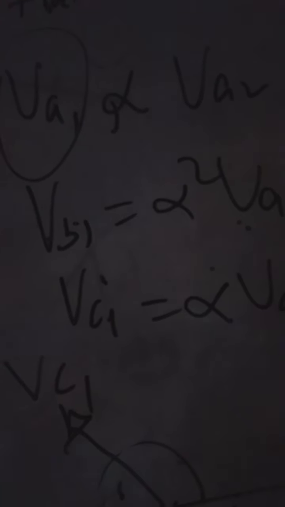So whatever you find as your VA1, we found it to be 76.329 at angle minus 51.06 degrees.